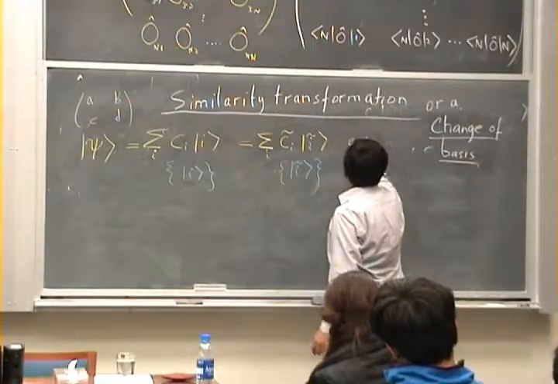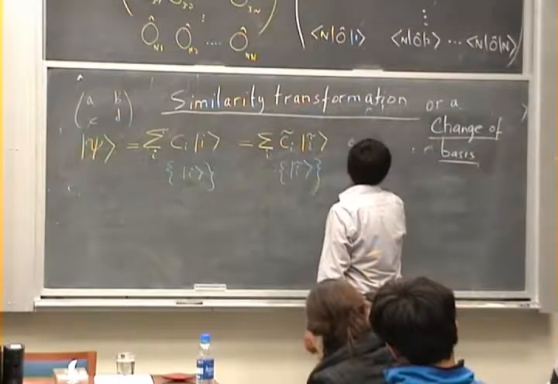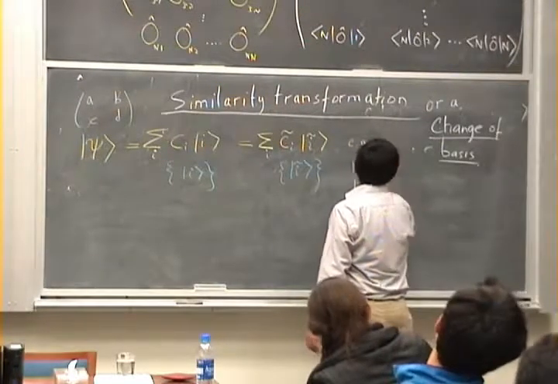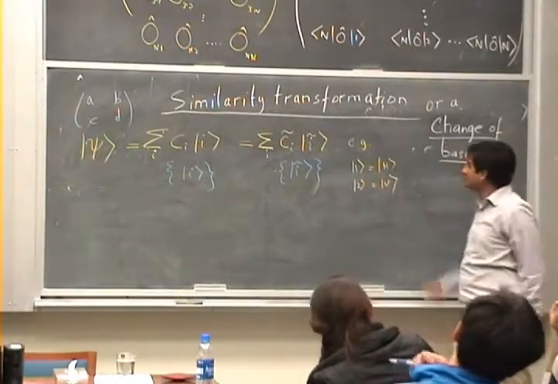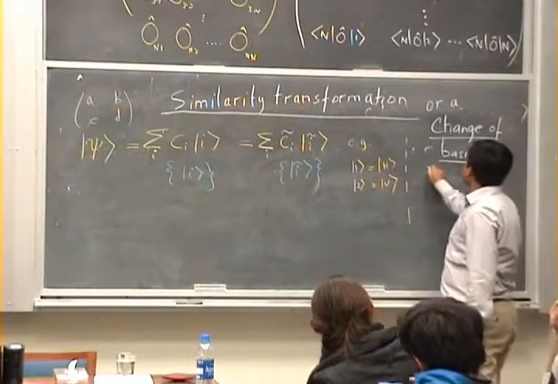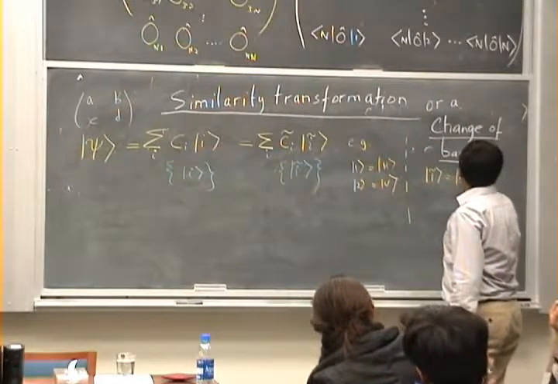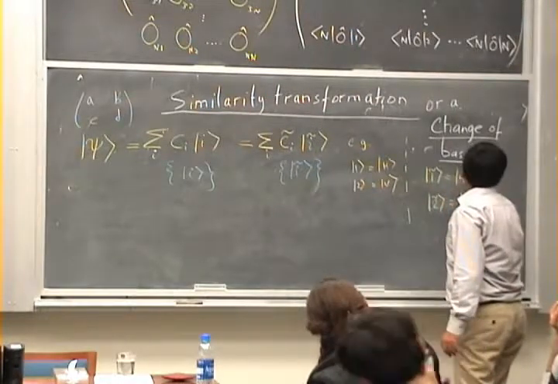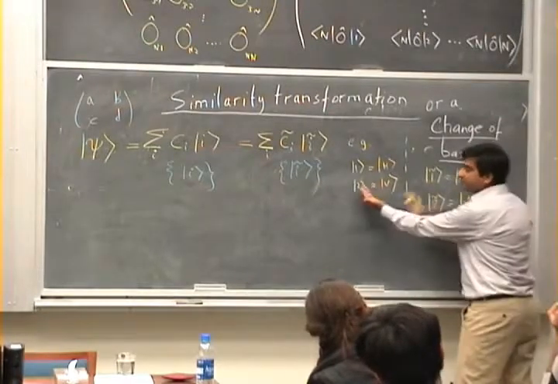For example, for a two-dimensional Hilbert space, one set of basis vectors are ket H and ket V. Right? This is one set of basis vectors. Another set of basis vectors, ket 1 tilde, 45 degrees polarized light, and ket 2 tilde, minus 45 degrees polarized light. So this is a different basis from this basis.